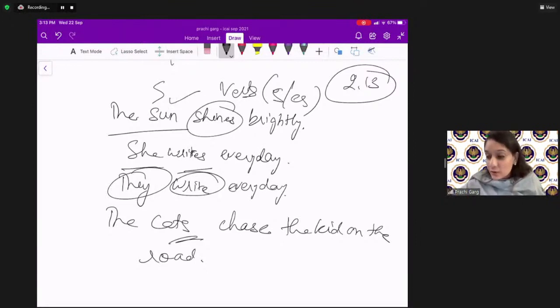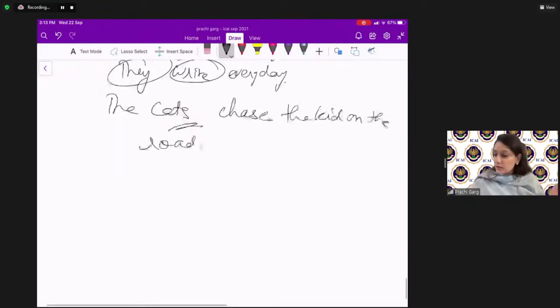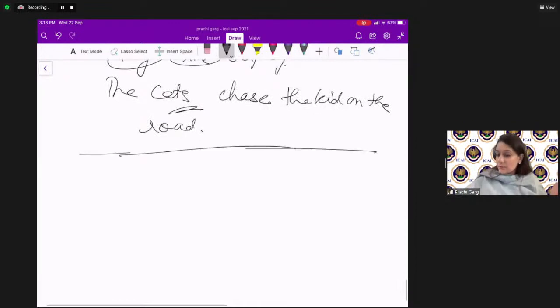When the subject is singular, the verb should be singular. When the subject is plural, the verb should be plural. Am I clear? Yes? Okay, quickly tell me the answer for this one because I want you to get this thing correctly for sure.